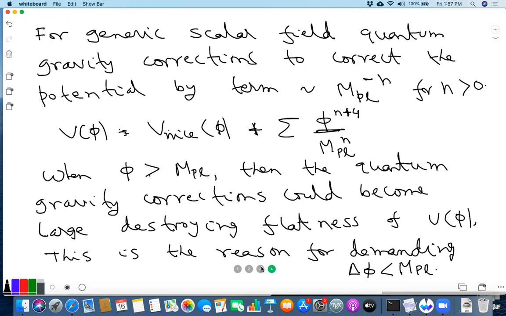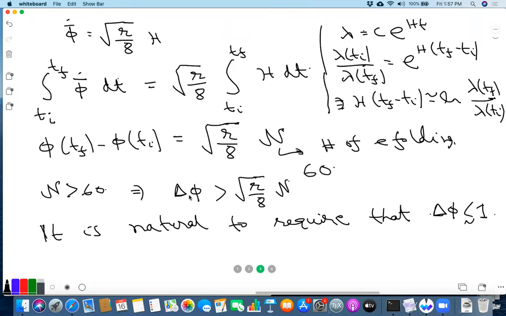Okay. But let's now see what it implies. Here you have seen the delta phi is larger than square root of r over 8 times n. Now we are demanding the delta phi should be less than 1, in the natural units.